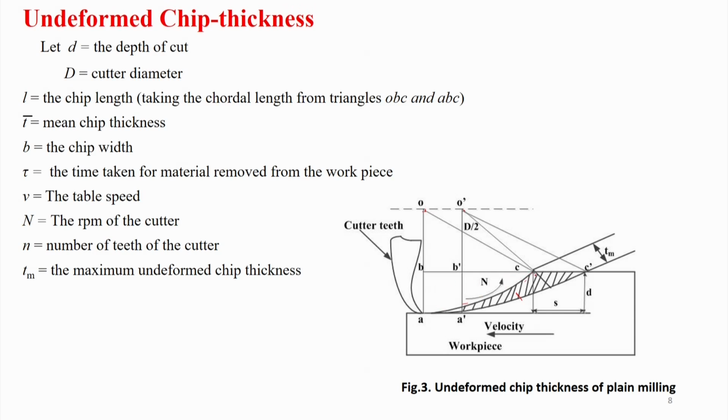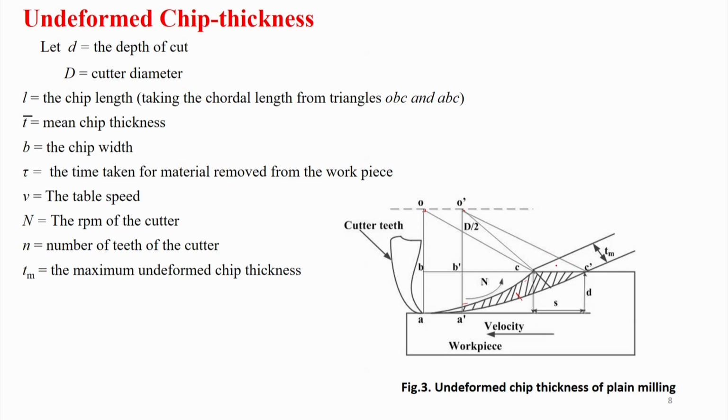So, this will be the chip length, this AC. Now, T bar is the mean chip thickness, the average chip thickness, and B is the chip width, which is not shown here, perpendicular to the paper.